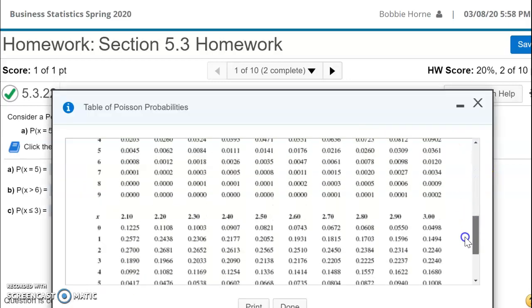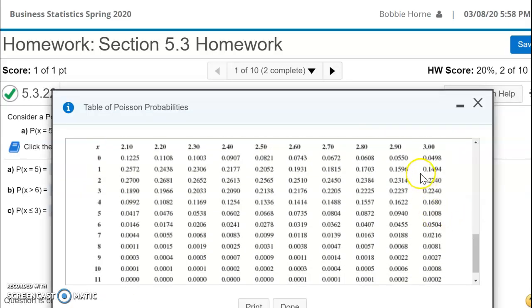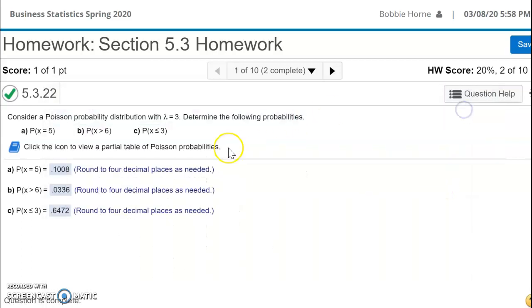So go back to your table and add up all of these numbers under 3 from 0, 1, 2, and include the probability of x being 3. And when you add those up, you would get 0.6472. So it's mainly looking at your table and figuring these out.